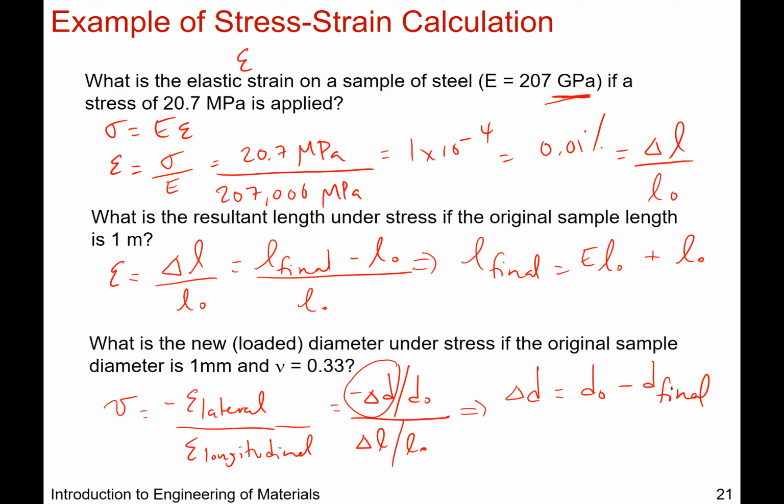Okay. So the new diameter, what we're really solving for is this D final. And we have the numbers for everything else. Okay. The algebra I'll leave to you. Any questions on this specifically regarding the strategy?